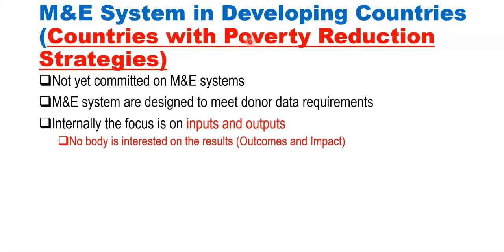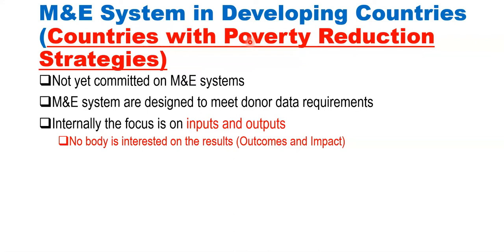Then, briefly, let us look at the M&E system in developing countries. When I say developing countries in this presentation, I am referring to those countries with poverty reduction strategies. Any country with poverty reduction strategies, like in our case in Mukukuta and Tho, we call it a developing country in this case.